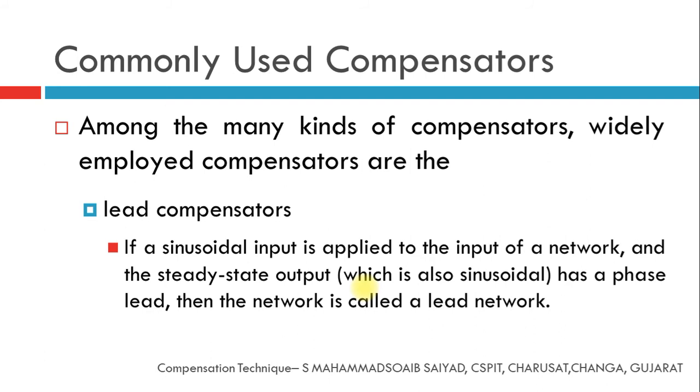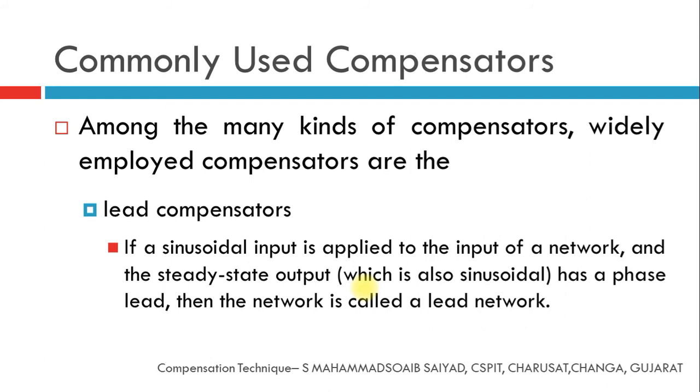Okay, so if the output is leading compared to the input, then whatever the network is there, we will be having a lead compensator. In simple language we can say the output of your system is leading by some angle.